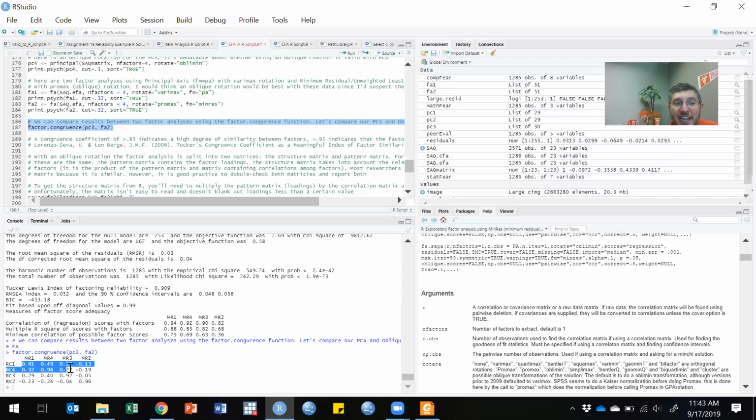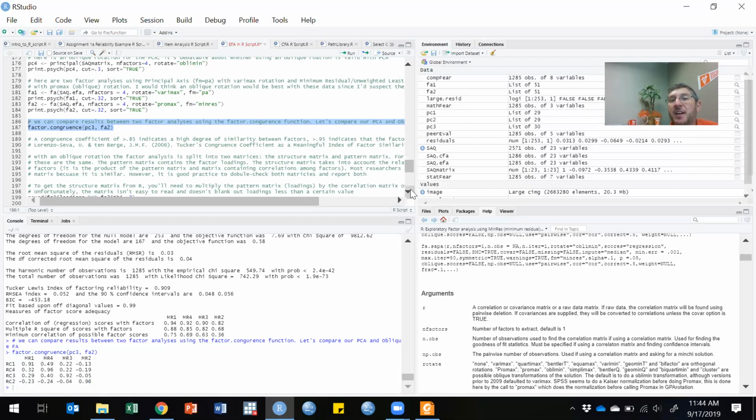We can see there's a high degree of similarity between our first rotated component and our first factor, and our second rotated component and our second factor. So you can see a very high degree of congruence between them.